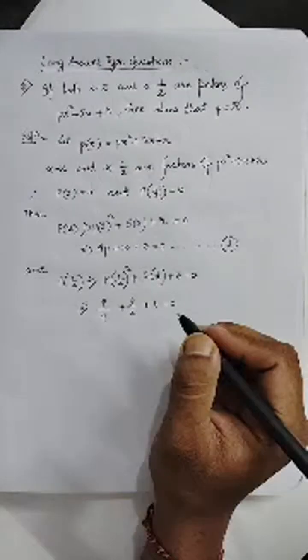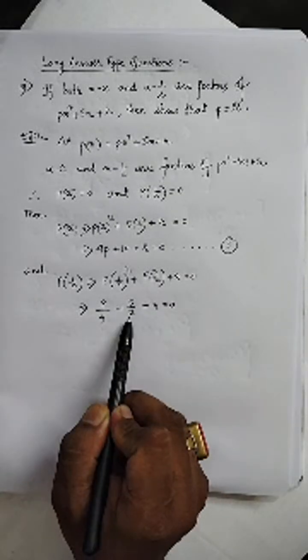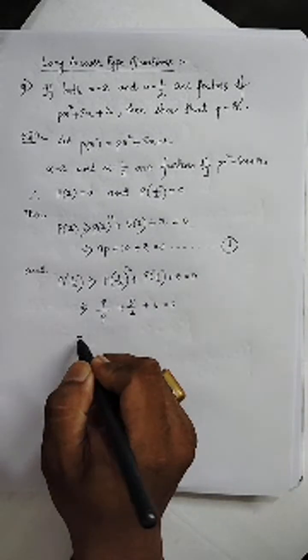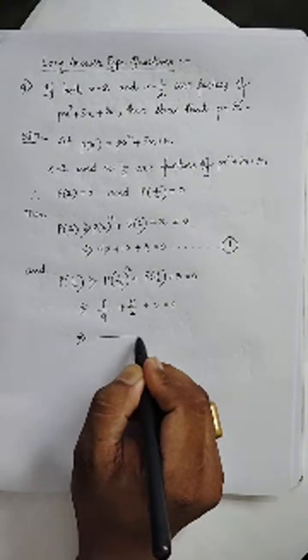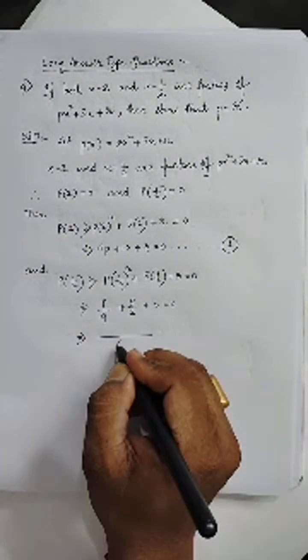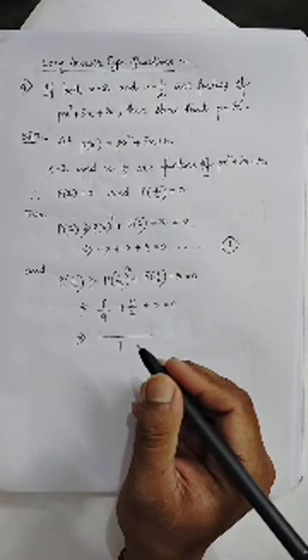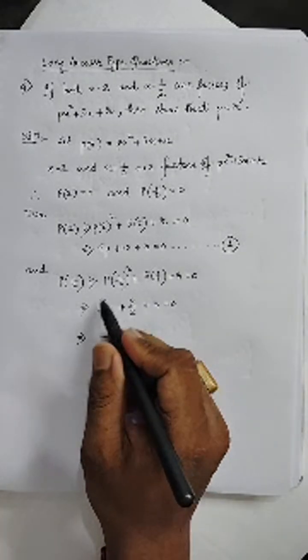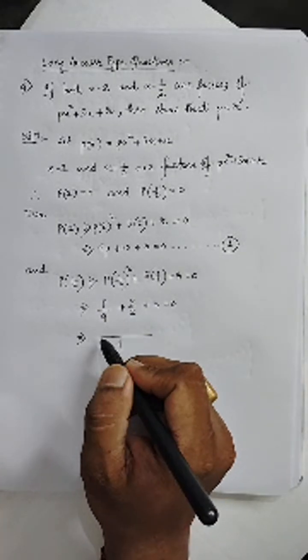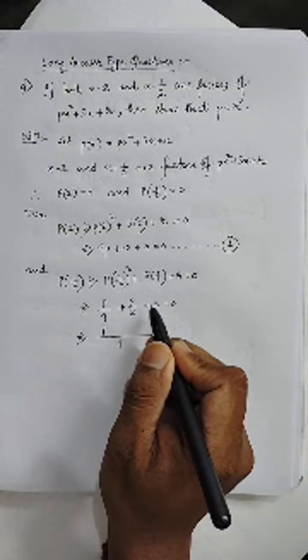Okay, we have denominator 4, we have denominator 2. So let's take LCM. So the LCM will be how much? LCM will be 4. So we don't need to multiply anything to p. This will be p. 2 into 2 is 4.